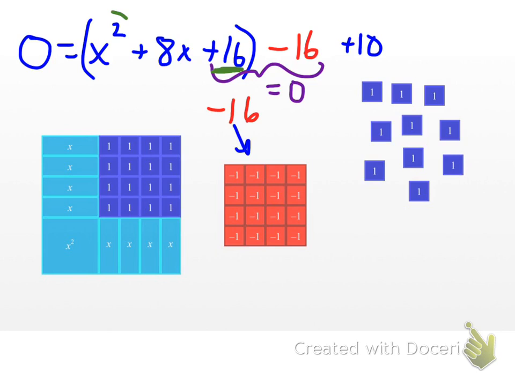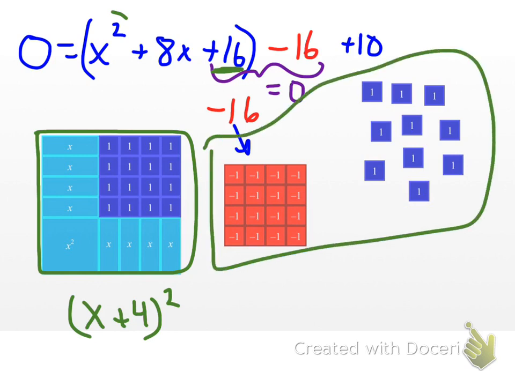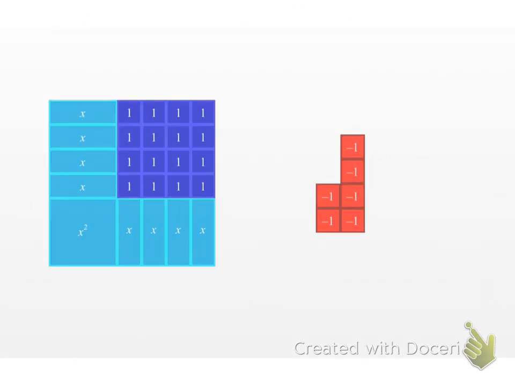My equation that I now have is the square is an x plus 4 square. I'm now going to combine all of these over here, which is a negative 16 and a positive 10, to be a negative 6. So that looks like this.